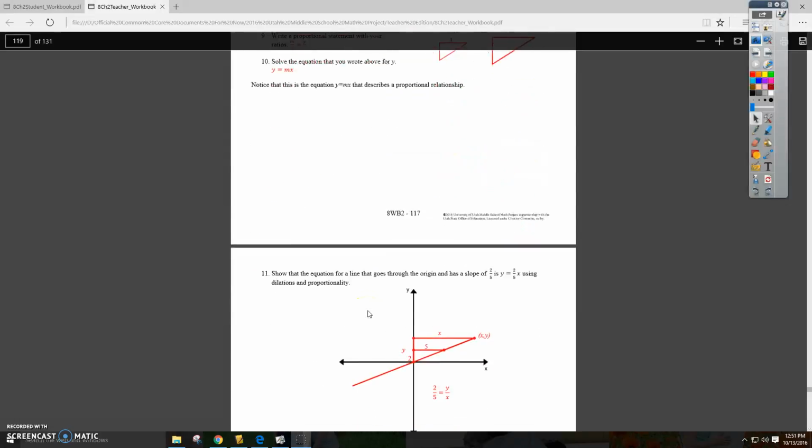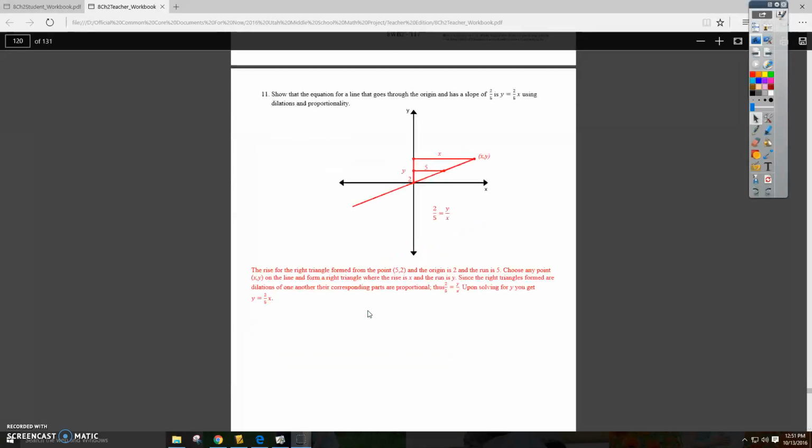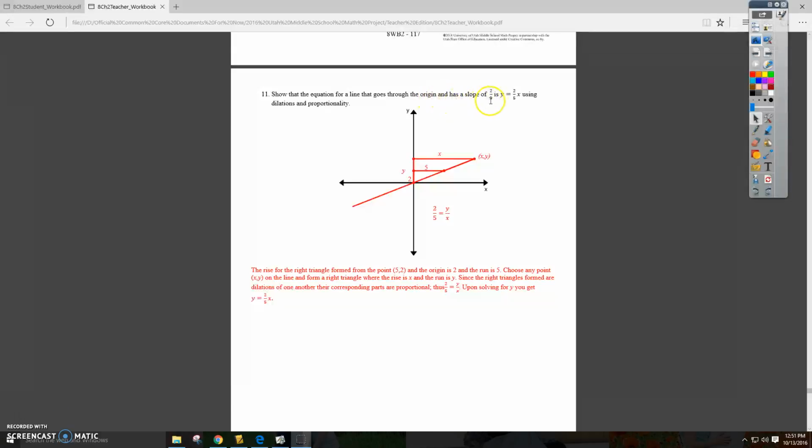Okay, if we scroll down or go to the next page, number 11, it says show the equation for a line that goes through the origin and has a slope of 2 over 5 is y equals 2 over 5x using dilations and proportionality. So we create our slope triangles here, one of 2 over 5 and one of y and x.